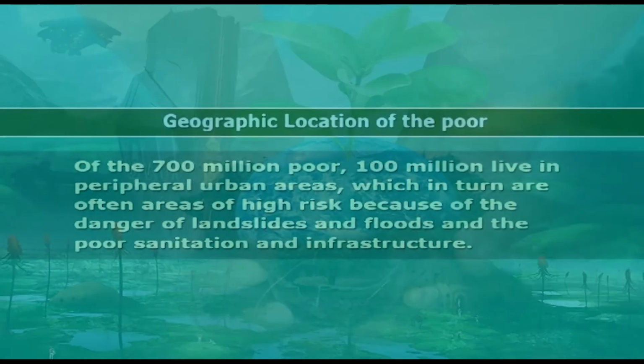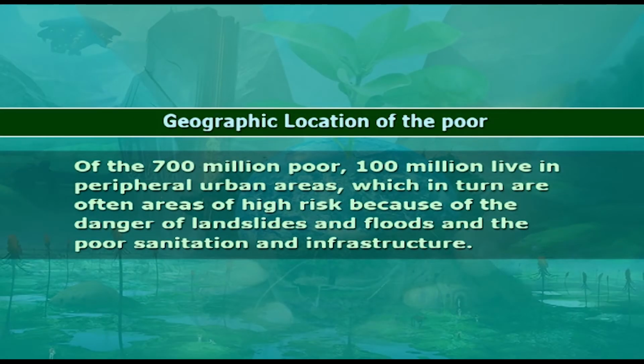According to a study by Leonard in 1987, the number of poor people that live in unstable environments globally is enormous. Of the 700 million poor, 100 million live in peripheral urban areas, which in turn are often areas of high risk because of the danger of landslides and floods and poor sanitation and infrastructure.